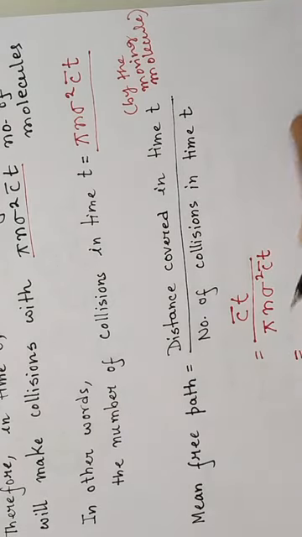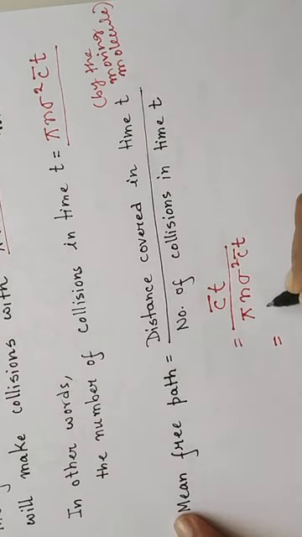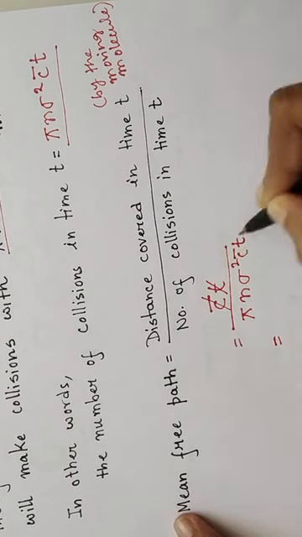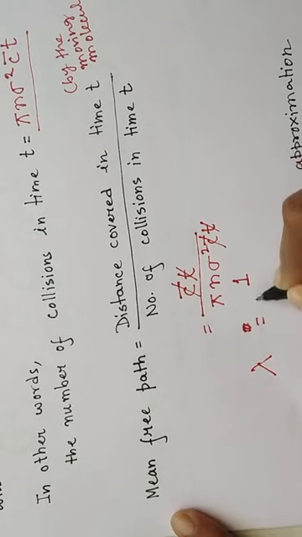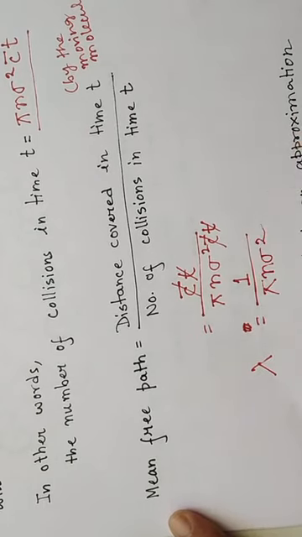Therefore, c bar t and c bar t get cancelled out, and the mean free path lambda is equal to 1 by pi n sigma square.